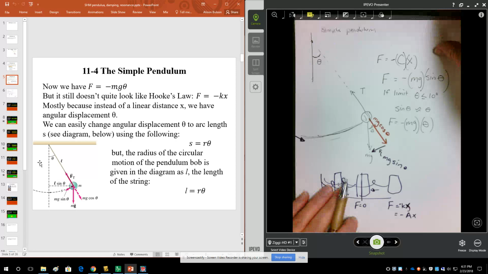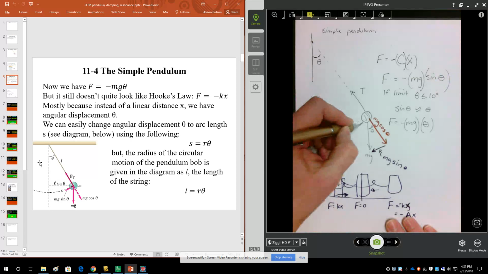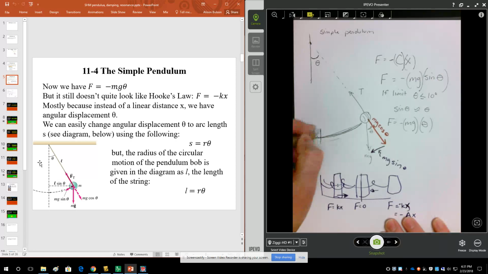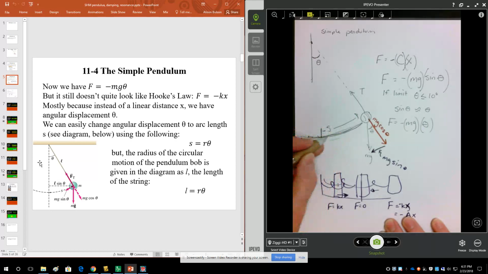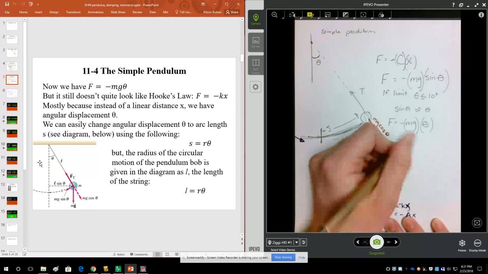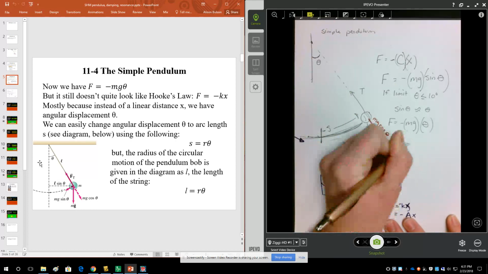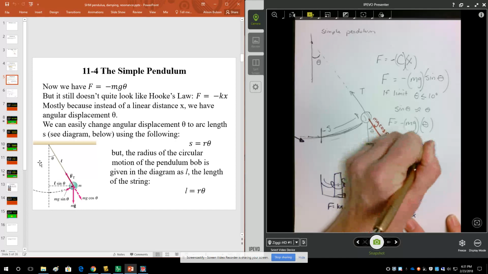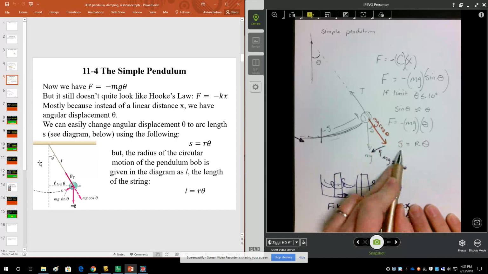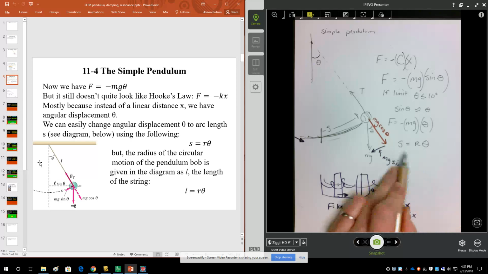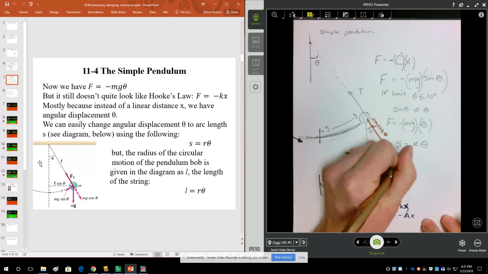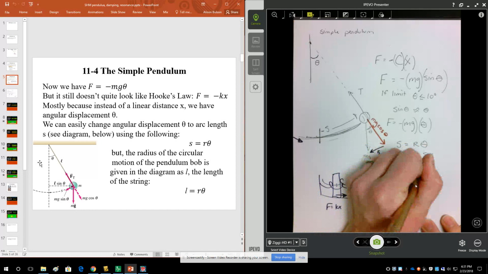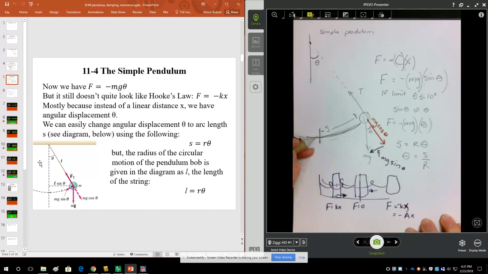But if we remember that this is circular motion, and that the arc length S that I carve out here, the linear position along this curve, can be converted to angular position, from our definition of angle as measured in radians, then theta must be equal to arc length over r, where r is the radius of our circular path.